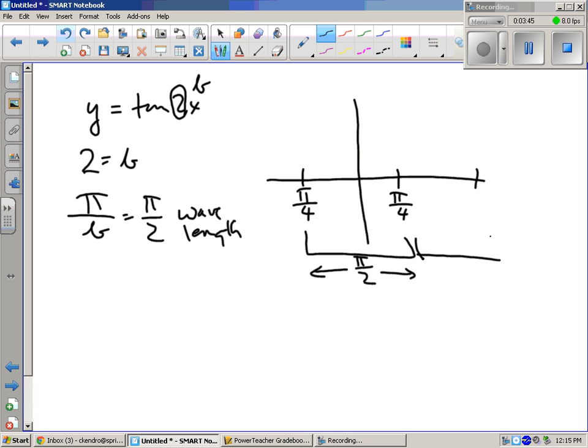And then if I'm going to do the next one, I have to add another pi over 2. Well, what's 1/2 plus 1/4? That's 3/4, so 3 pi over 4. And that's where we put the dotted lines. Now there's a fancy name for these dotted lines, and they are called asymptotes.